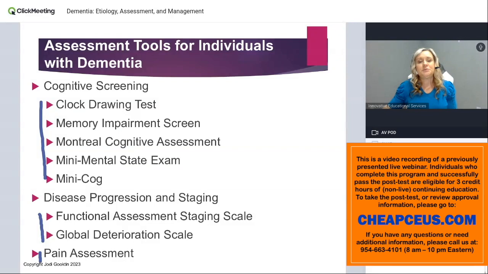As we discuss each of these, we need to take into consideration the different cultural influences, language barriers, and educational barriers that could be confused with cognitive impairment. We need to be aware of that so that we don't think someone's cognitively impaired when really it's just a language barrier, or they don't understand the complexity of the questions being asked because of their educational level, or maybe it's just cultural. And we'll talk about that as we work our way through these different tools.